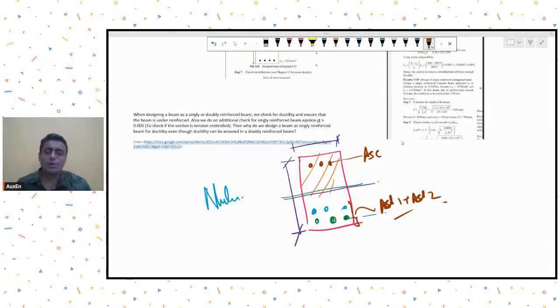Now, why is this not a good approach if we want to use ductility principles? Because if you see, the concrete has already reached its maximum compressive stress levels. Now in our ductility, we also take into account what is called the over strength factor.